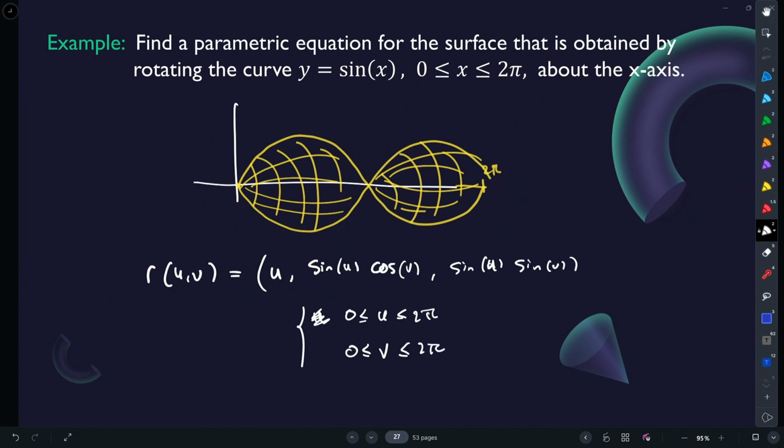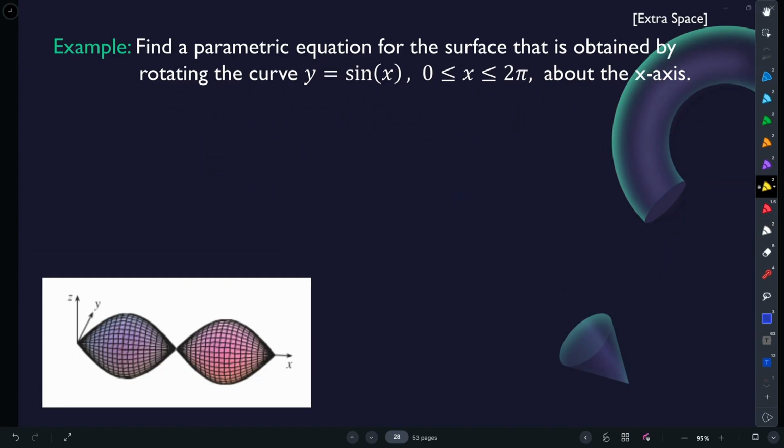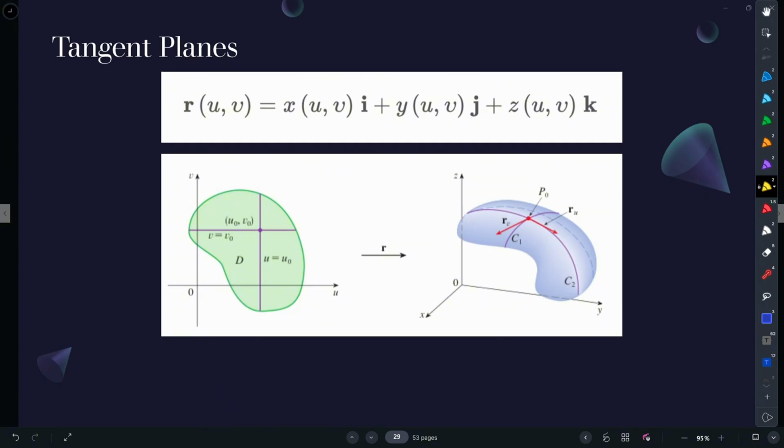So this equation parametrizes that object. There it is, a better drawing of the two footballs.